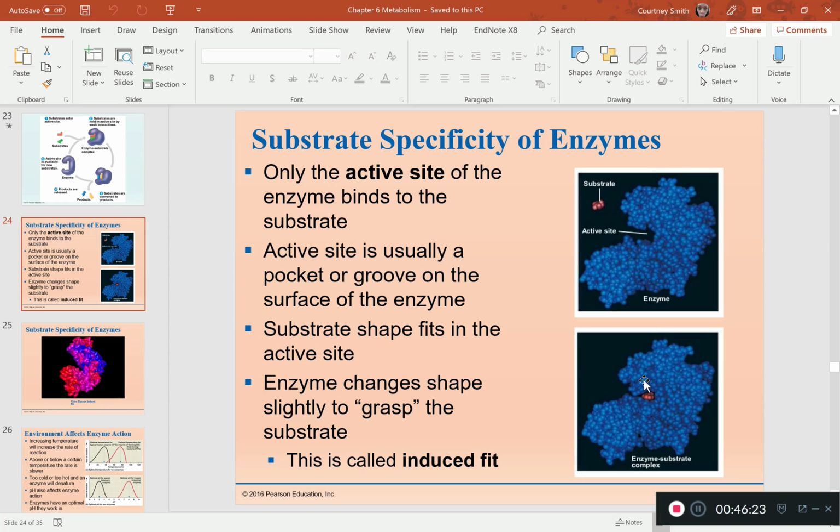So if you use your home key on your neighbor's door, no induced fitting will occur. But if you use your home key on your home, then there will be an induced fit and you'll be able to actually use it. So that's the very general idea of enzyme to substrate interactions.